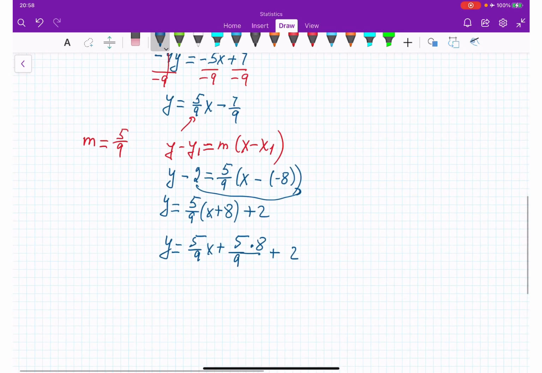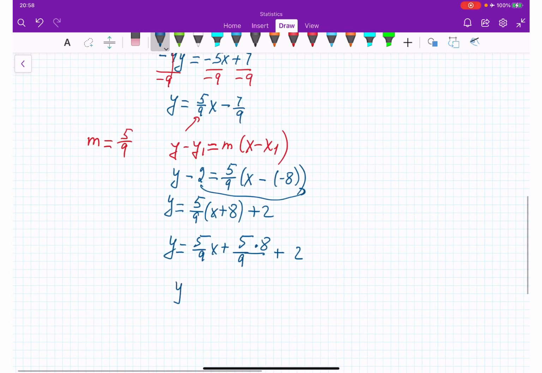So y is equal to 5 over 9 x plus 5 times 8, 40 over 9, and plus 2. Okay, so this form is our point-slope form.